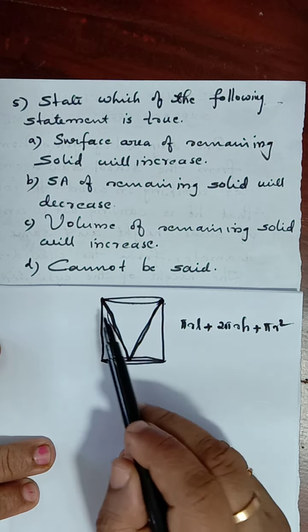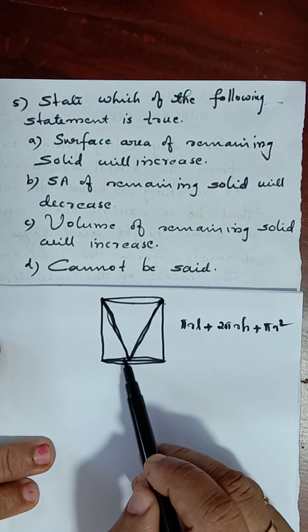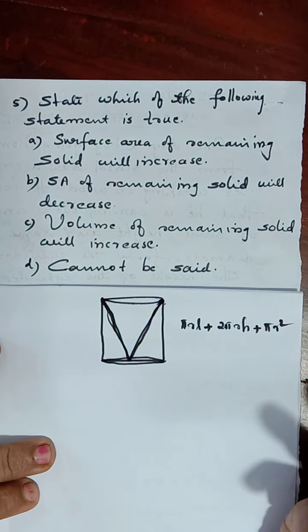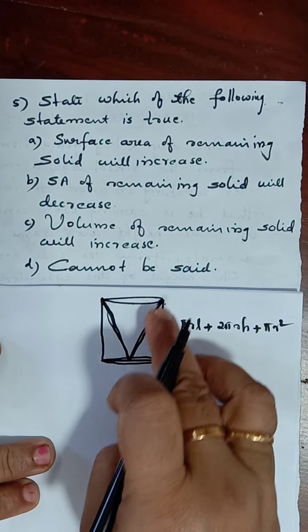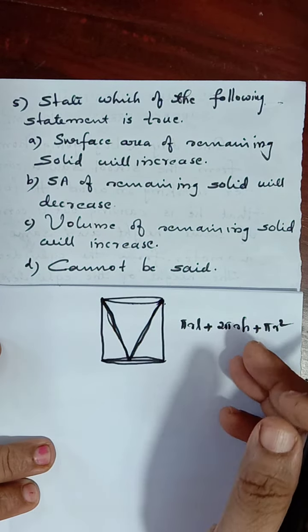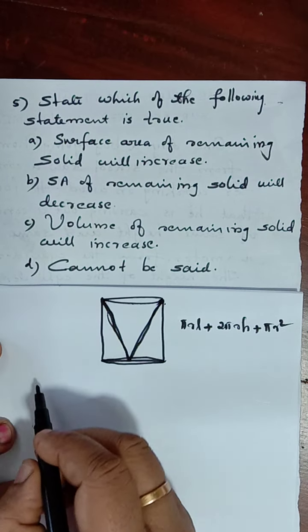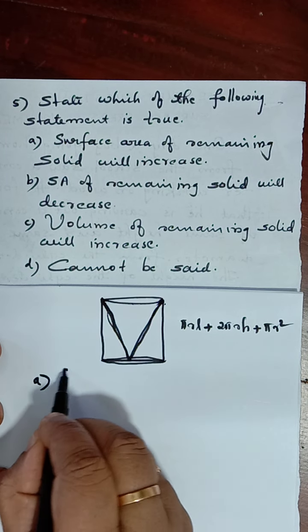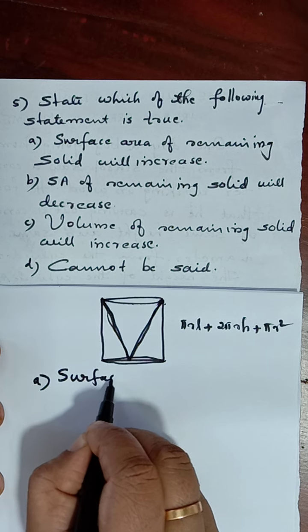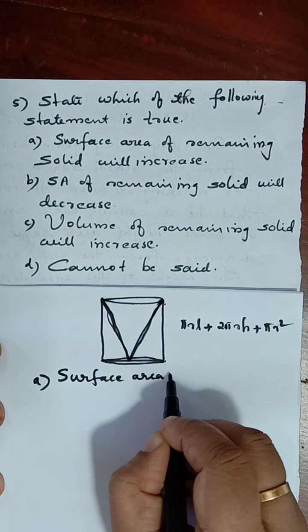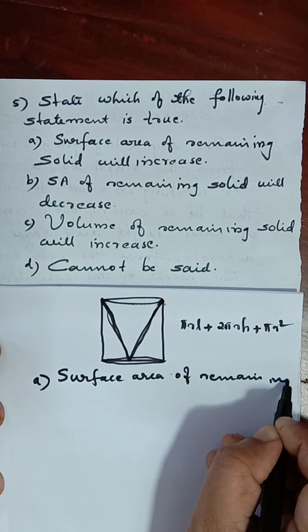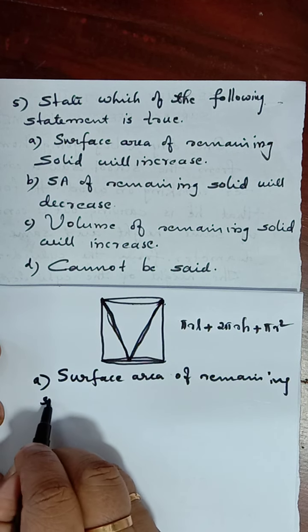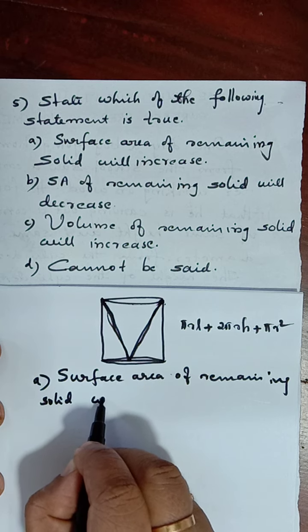Here we can understand that since this depression is there, its area increases. Here volume actually decreases, but open space or the area increases. So the first option is correct. Option A, surface area of remaining solid will increase.